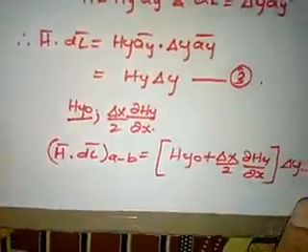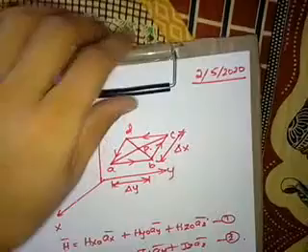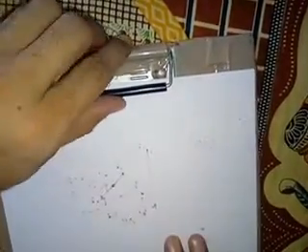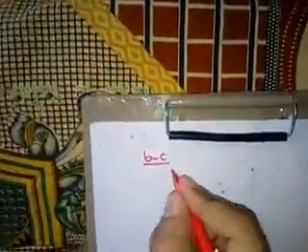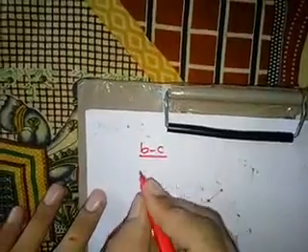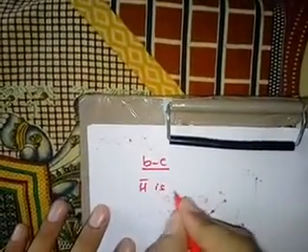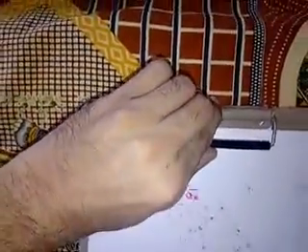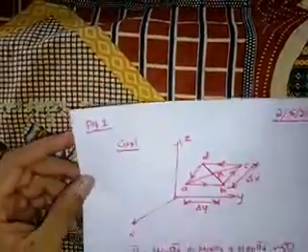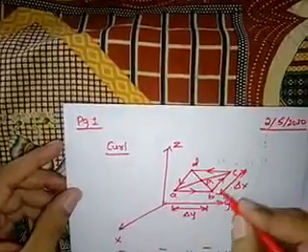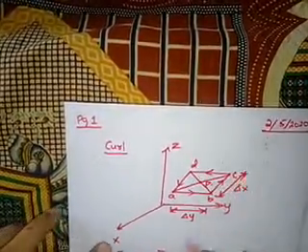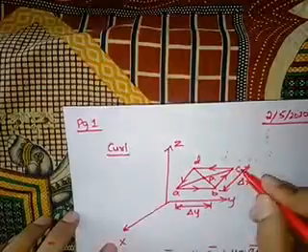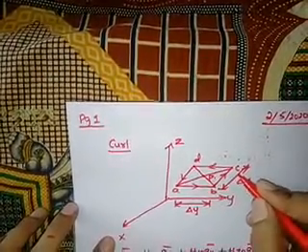Fine. So similarly for path B to C, H is in the minus ax direction. You can see here for path B to C, x is in the downward direction, here it is in the upward direction, so it is in the minus ax direction.